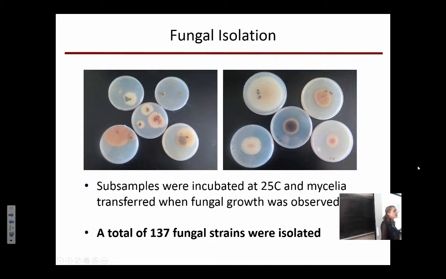So this is approximately the ambient temperature there in southern China at the time. Obviously, it heats up a little bit more later in the summer. And then once I saw fungal growth, I transferred those fungi onto separate plates. And I was able to isolate a total of 137 different fungal strains.